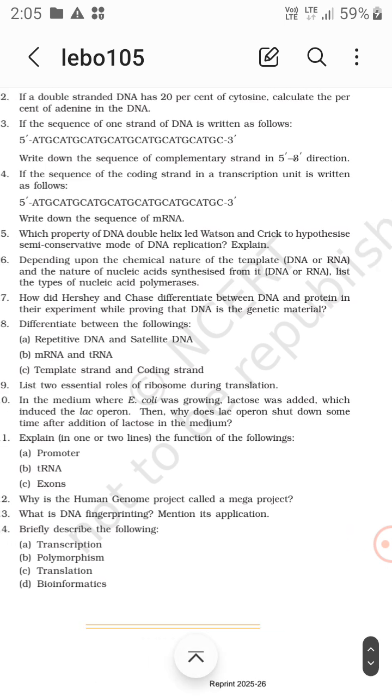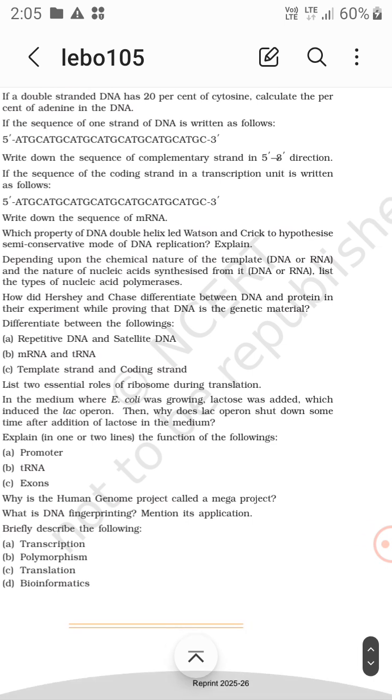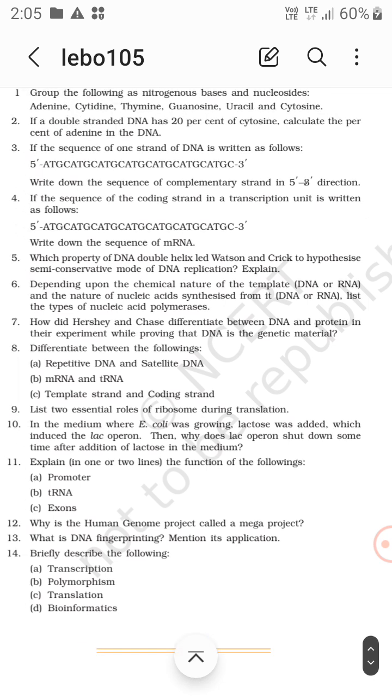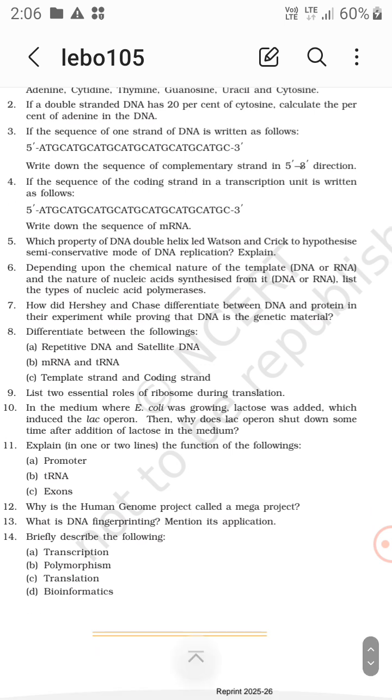Okay. Now the next question: which property of the DNA double helix led Watson and Crick to hypothesize the semi-conservative mode of DNA replication?